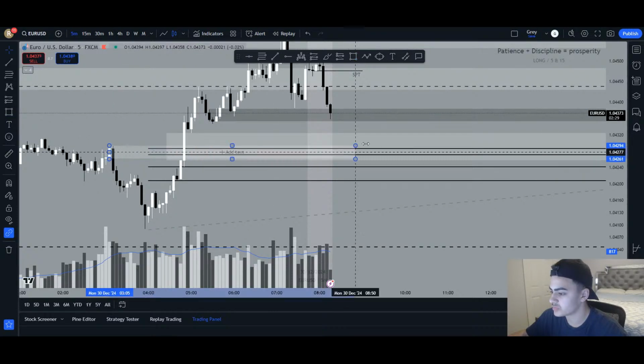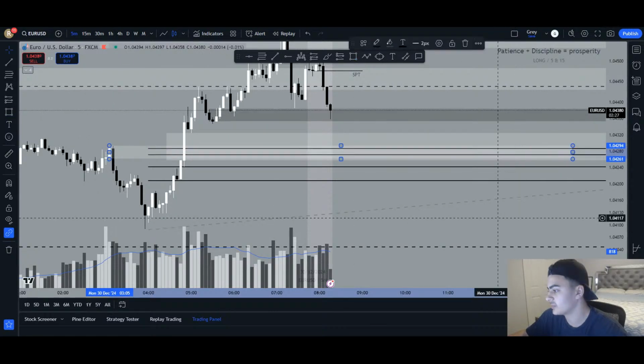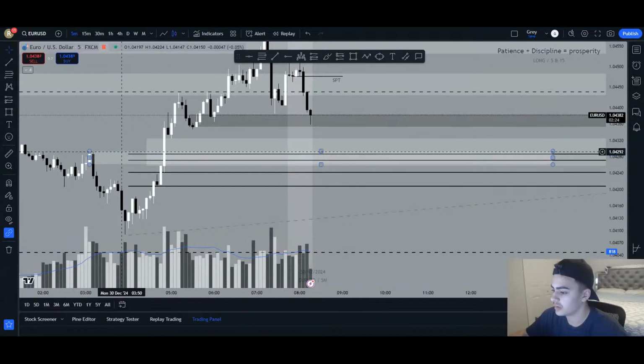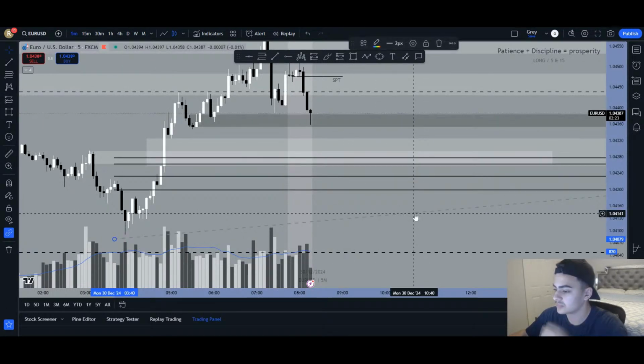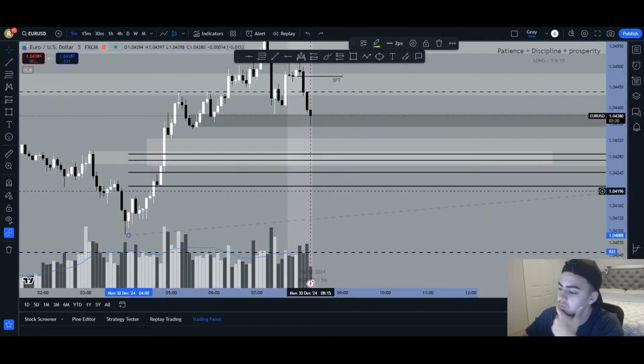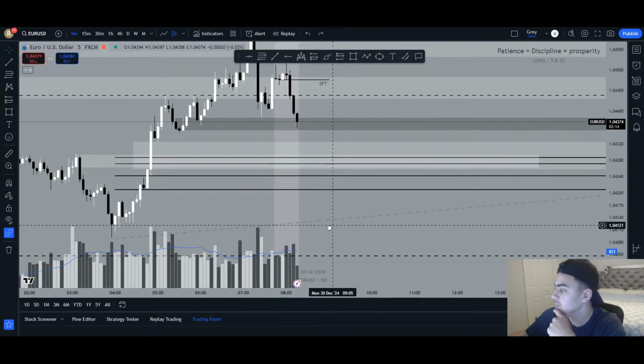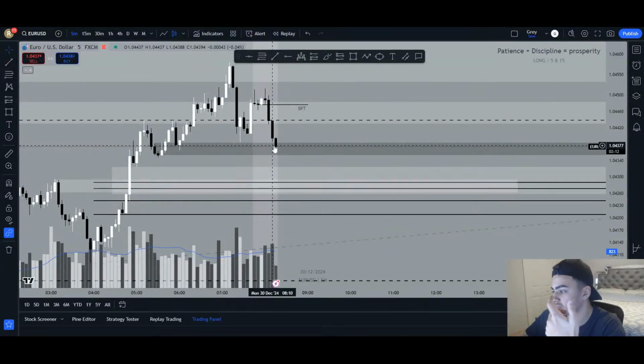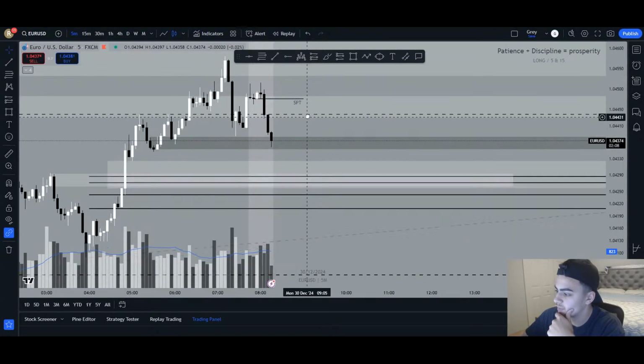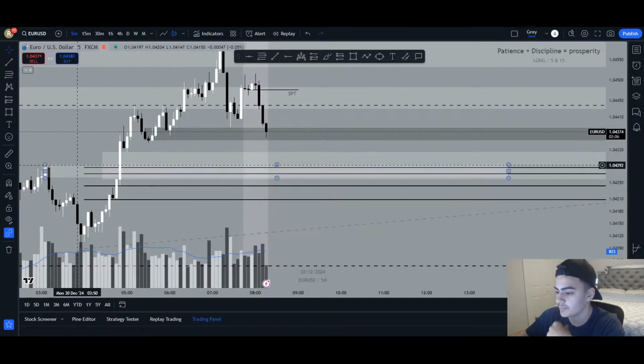I forgot what this was called. There's different names. A lot of people call it differently. But I feel like it makes it a stronger point. But who knows, it could still respect this order block and then just completely go up. But I believe it's going to go down here.